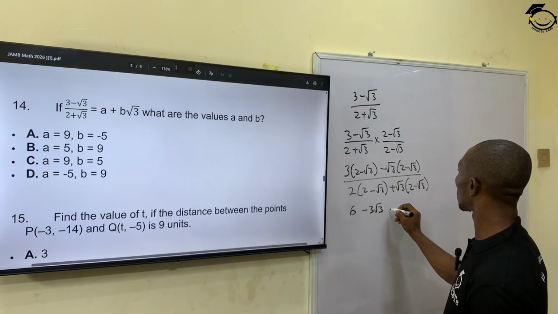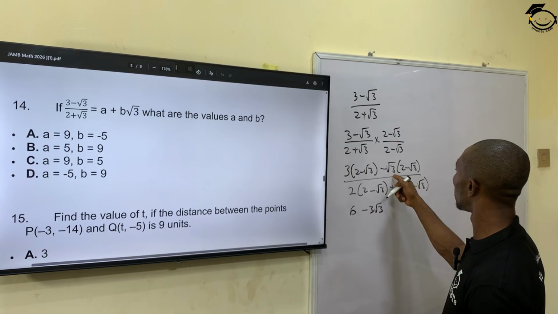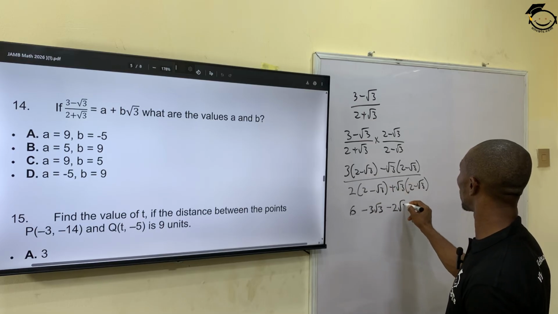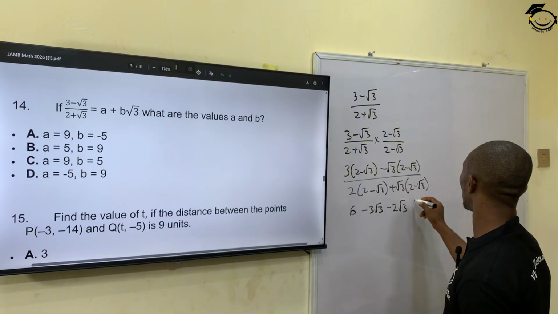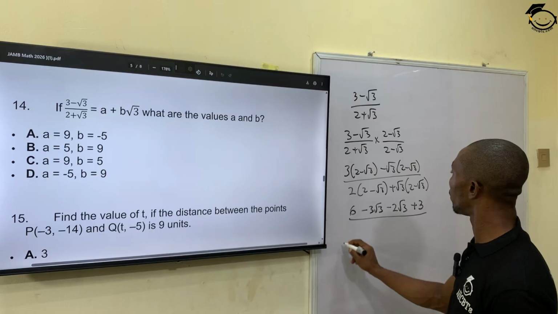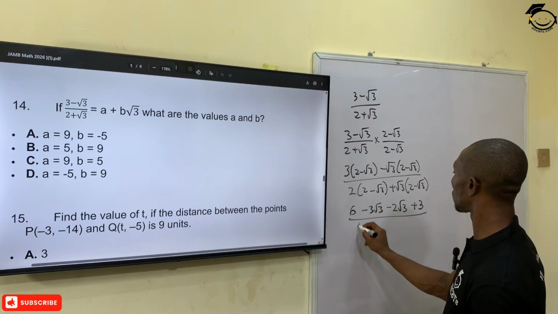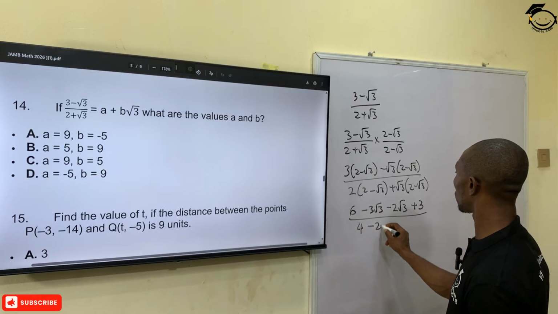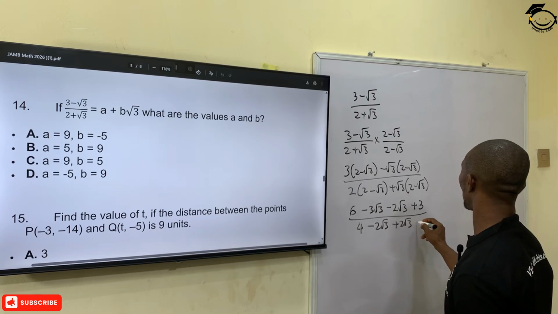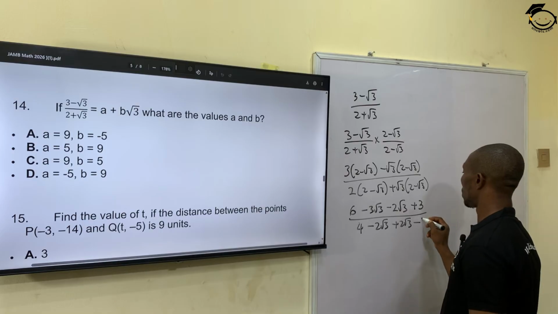This gives us minus 2 root 3, and minus times minus gives plus 3, all over 2 times 2, 4, minus 2 root 3 plus 2 root 3 minus 3.